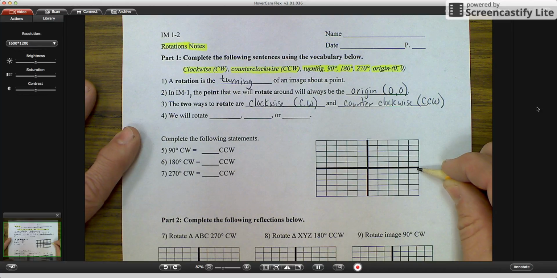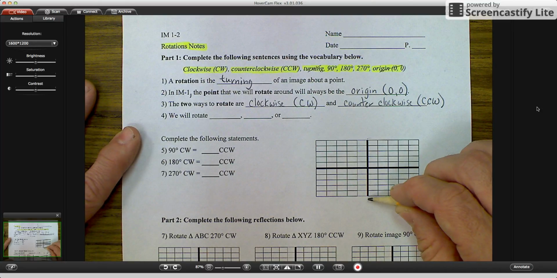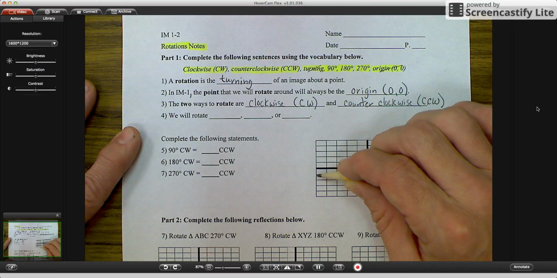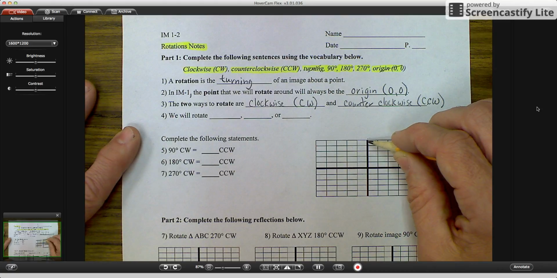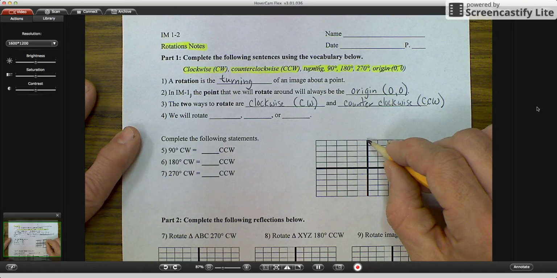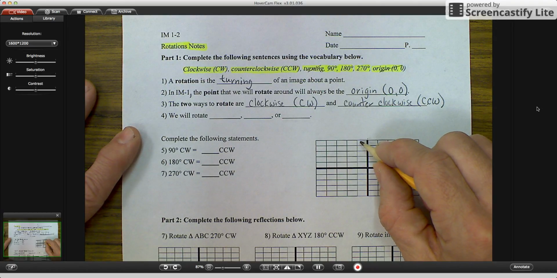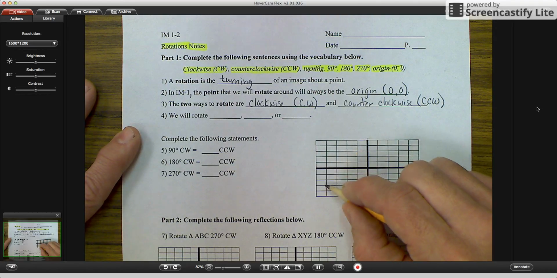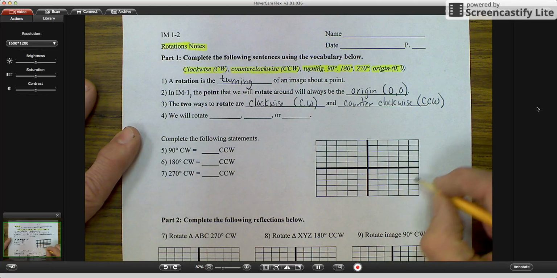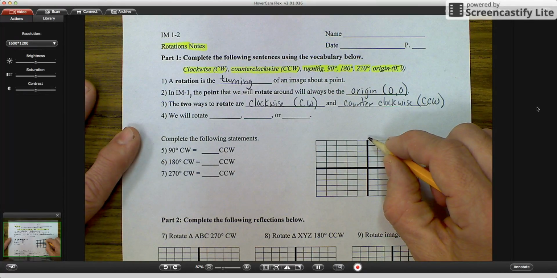We would get around here to about 3 o'clock. Down here is 6 o'clock, over here 9 o'clock, and then back to the top would be 12 o'clock again. If you're going counterclockwise, you're going in the opposite direction. So we would be going in the left arc, 9, 6, 3, and then back to 12 again.